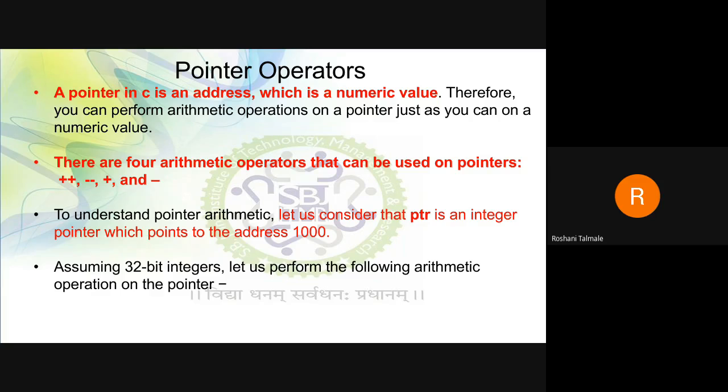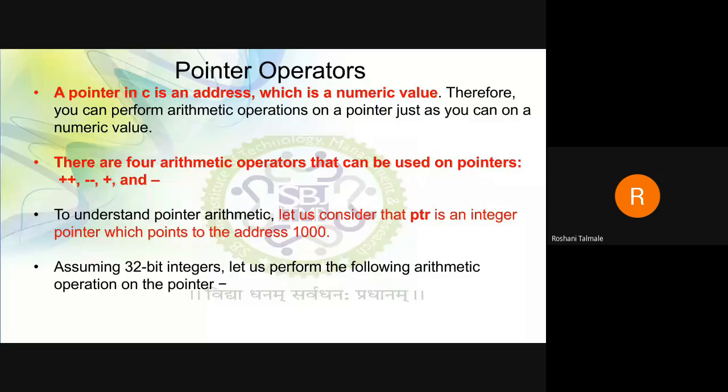Let us assume that PTR is an integer pointer which is pointing to the address 1000. Initially PTR is a pointer variable holding the address 1000, and assume that we are working with a 32-bit architecture.